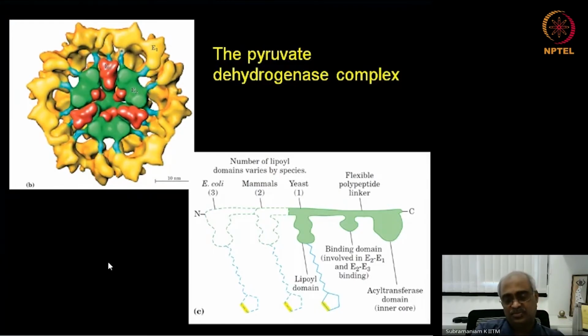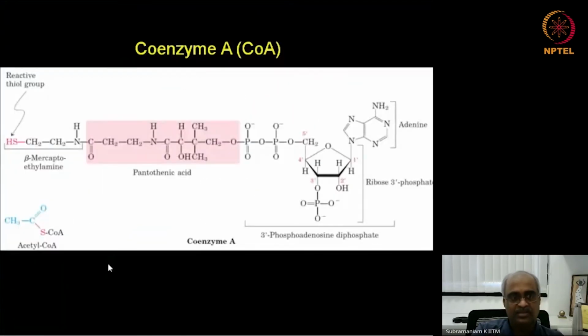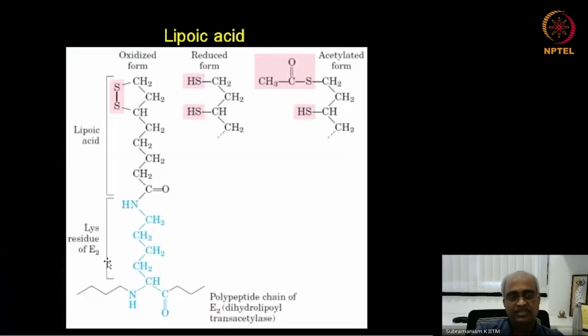So since TPP, FAD and NAD we have already learned, I am not going into the details here. The 2 new ones we have seen are lipoic acid and coenzyme A, in which the vitamin is pantothenic acid. So essentially we have seen 2 of them with sulfur as a major thing in them.